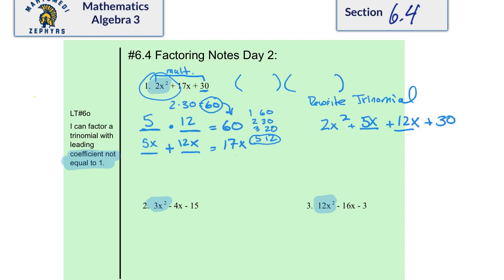Those are the numbers that came from over here, that added up to 17 and multiplied to 60.